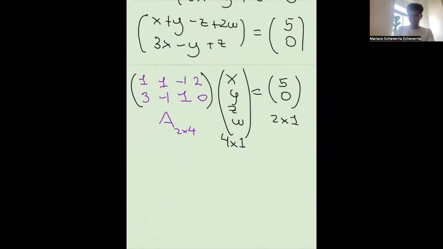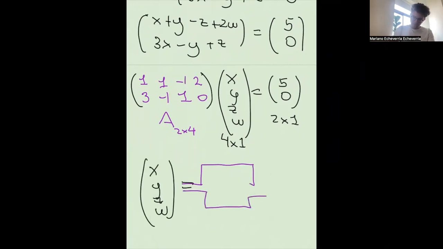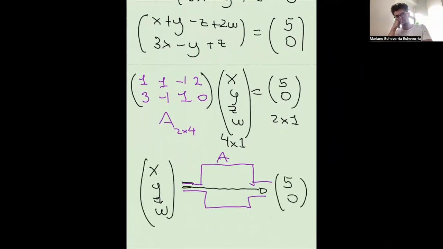But it is the same. Now, if you want, you have this machine interpretation where you're running it through the machine A, and you're asking when do we get the output 5, 0. Is that okay?